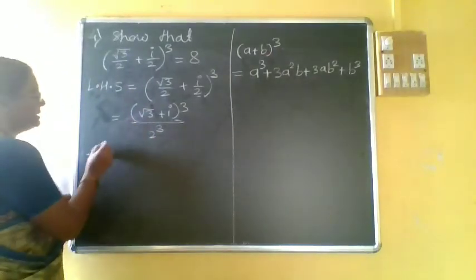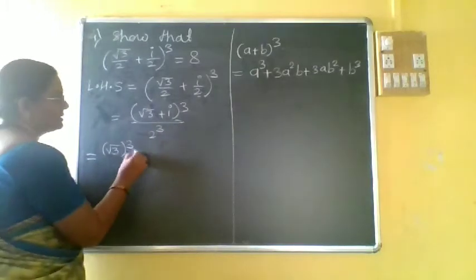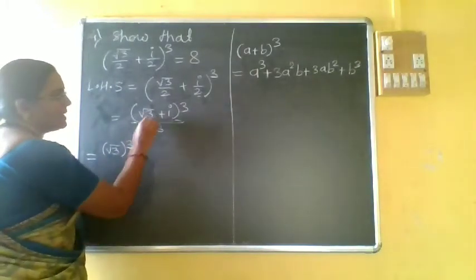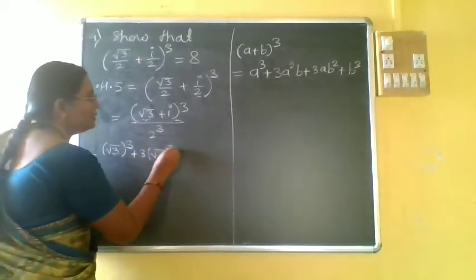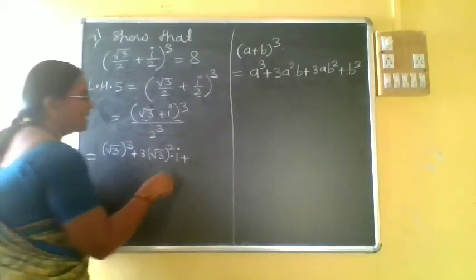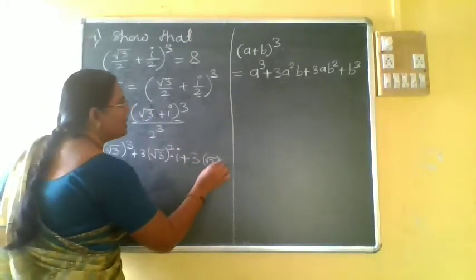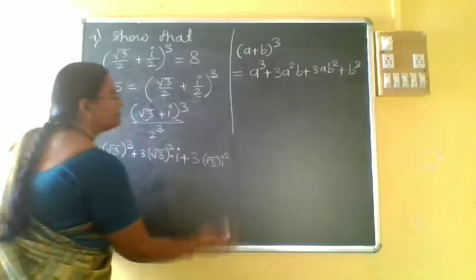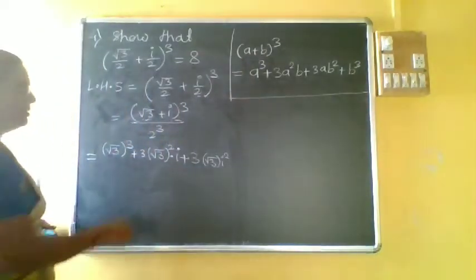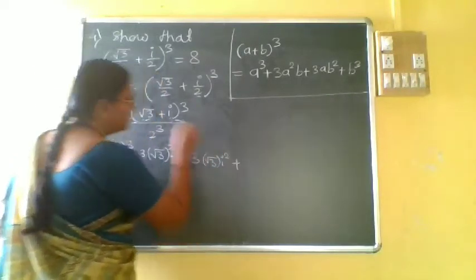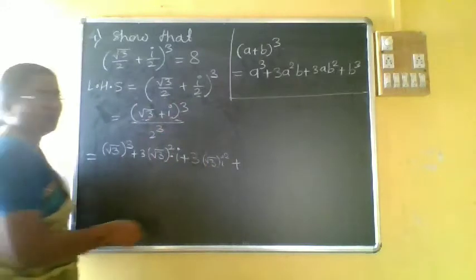Let us take root 3 bracket cube plus 3 into a square, a means root 3 here, so root 3 square into b means i, plus 3 into a, a means root 3, and b square means i square, plus the last term b cube, that is i cube.